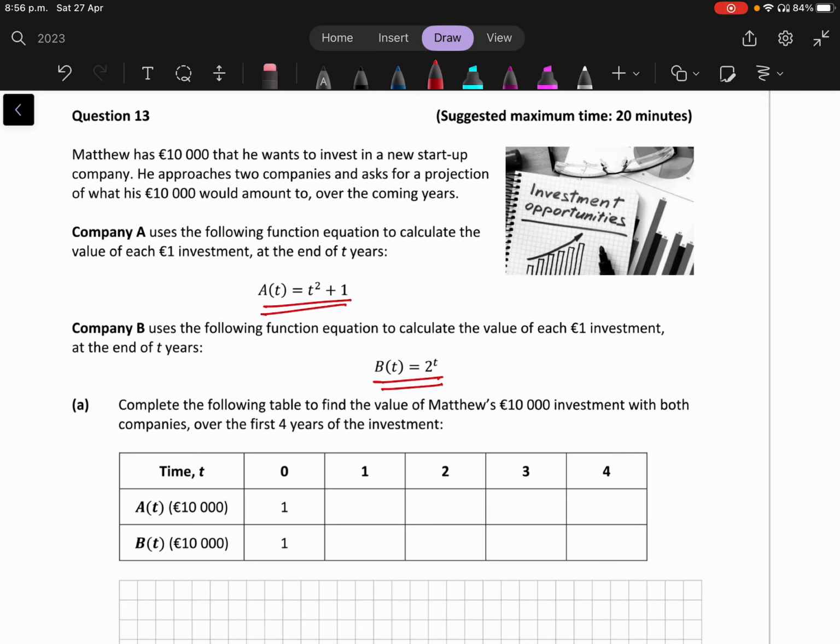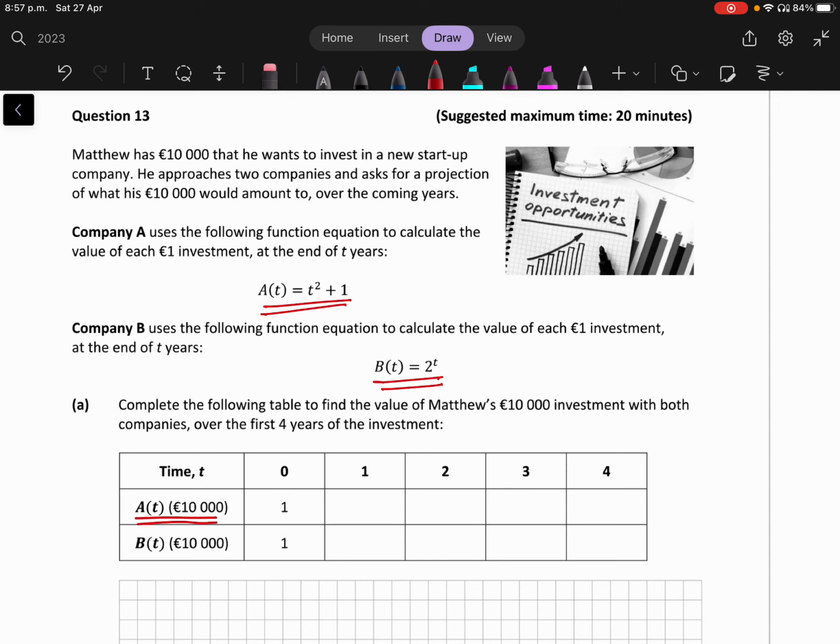So what you should do here is A(t), and 10,000 is the amount, and then you need to find the value of the investment with both the companies over the first 4 years of the investment. So you put the values in here. A(t) is equal to t square plus 1.